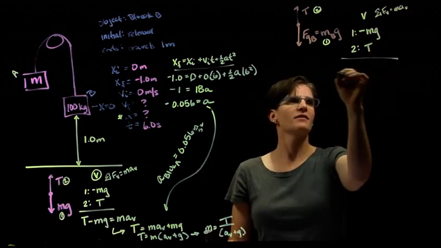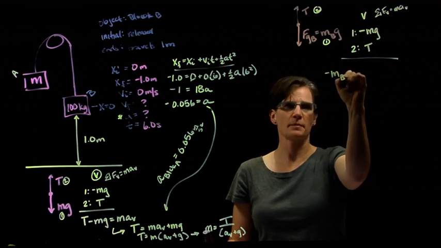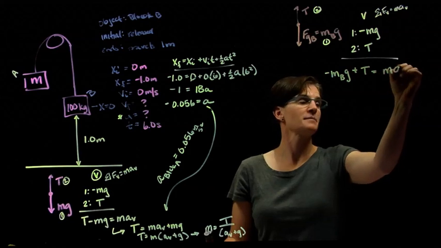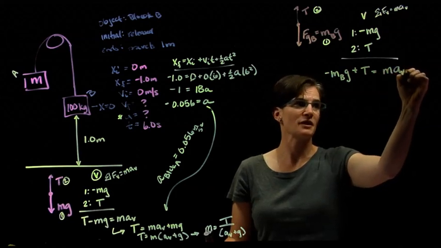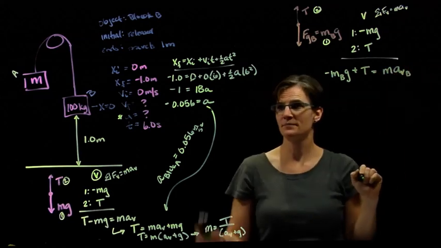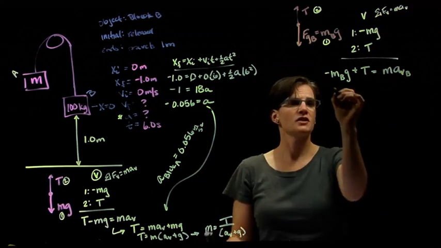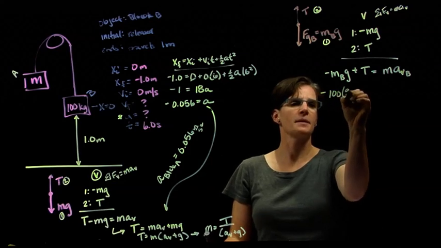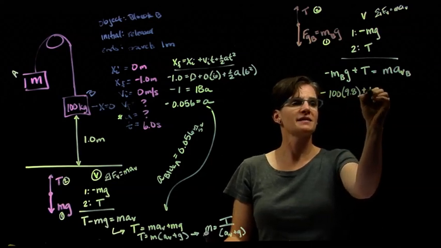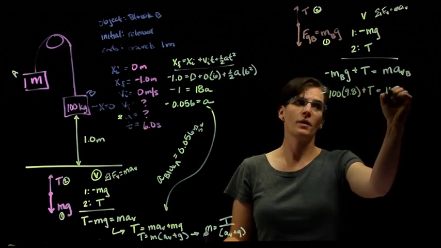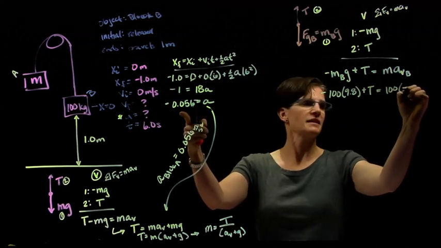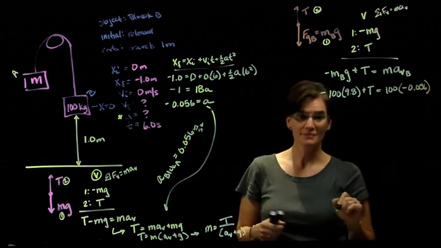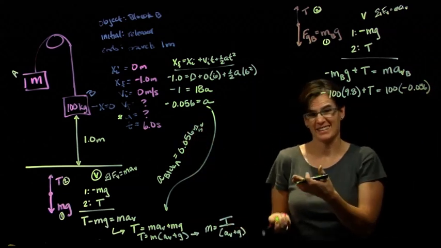So I have minus mg, this is block B, times g, plus the tension equals the mass times the acceleration in the vertical direction of block B, which is given here. So I have the mass of block B is 100, minus 100 times 9.8 plus the tension is equal to 100 times negative 0.056. Acceleration of block B is in fact negative.